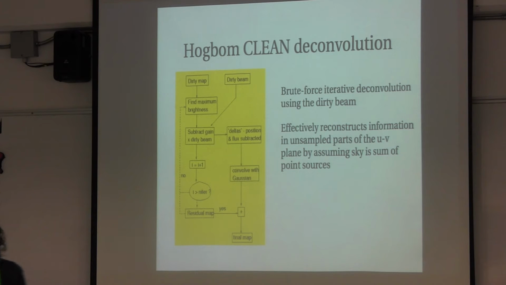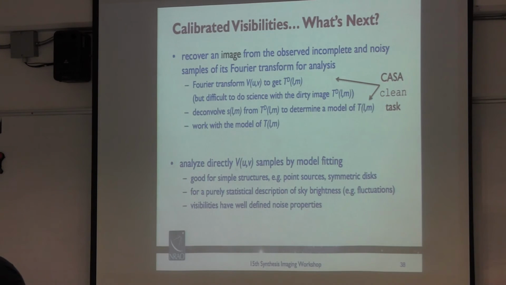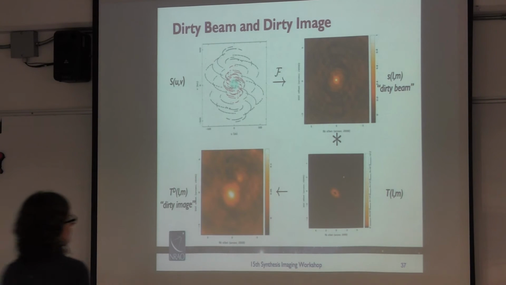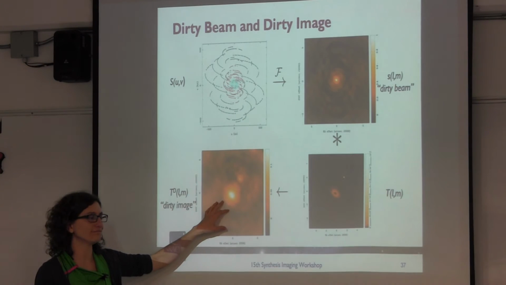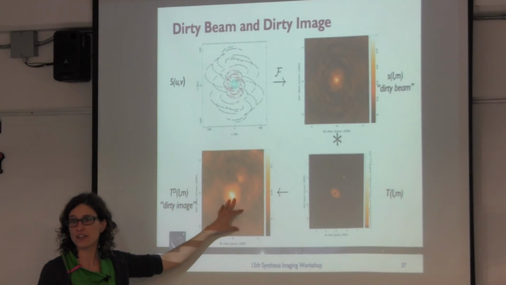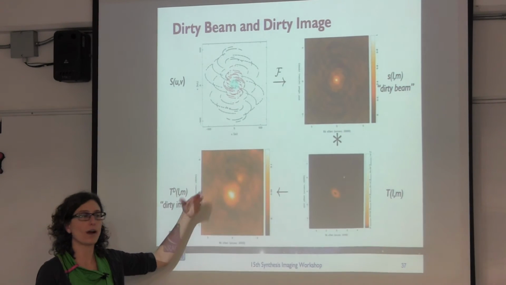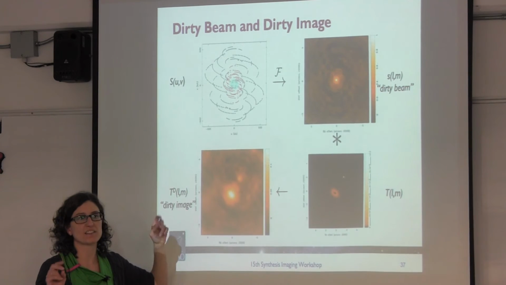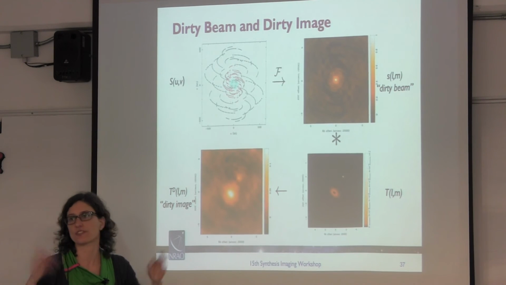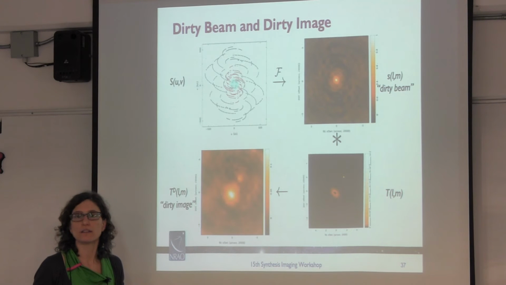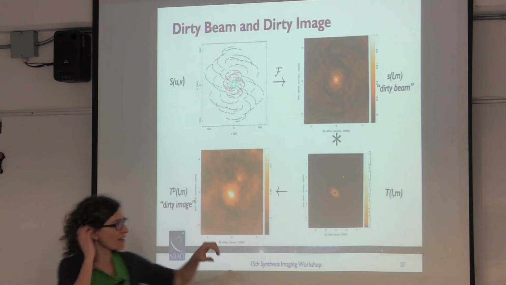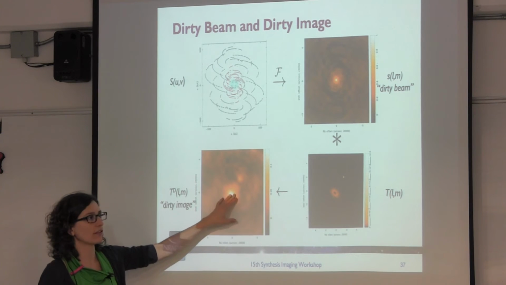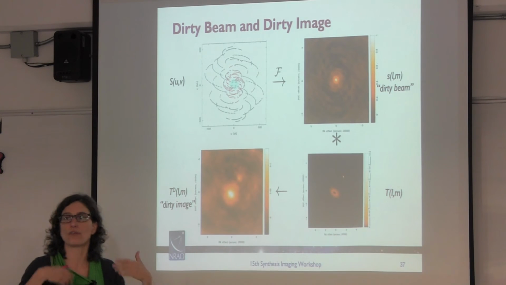What the CLEAN algorithm does is try to decompose this dirty image into a sum of many point sources. It creates a model which is just the addition of point sources.